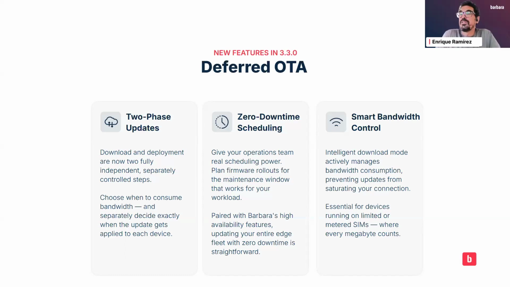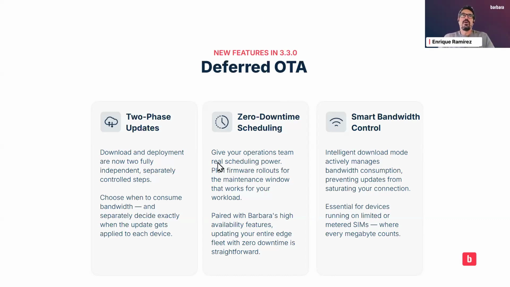So you will see no downtime in your services, and with edge nodes with poor bandwidth connectivity, we have better bandwidth control. That way we can select when we want to download the image and also when we want to apply it.